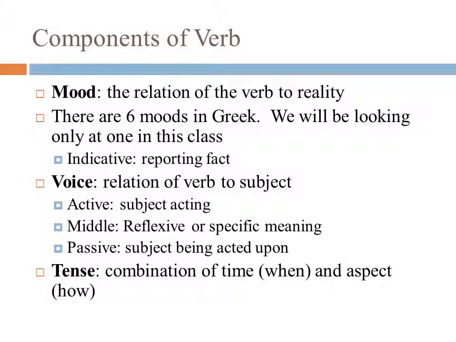The next one is tense. Now, in English, tense is about time, when it happened. Okay, we have future, present, past. Those are all about time. In Greek, the tense is about two things. It's about time, when it happened, and aspect, the manner in which it happened.